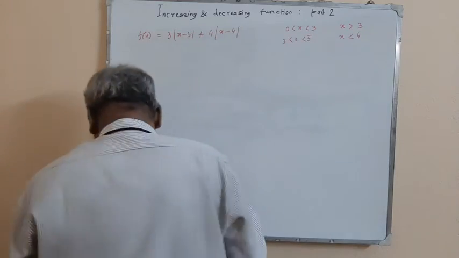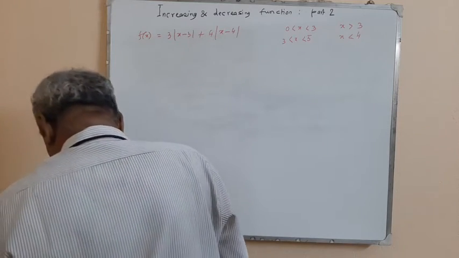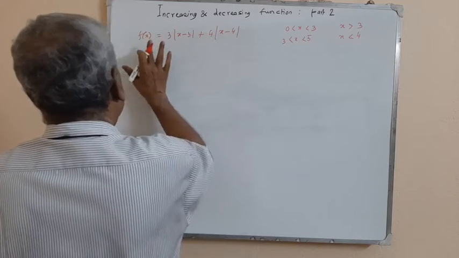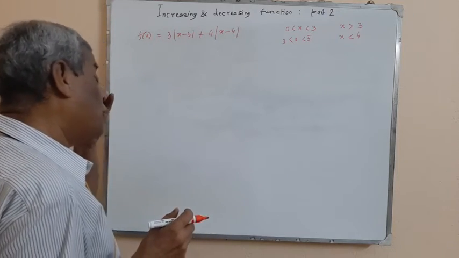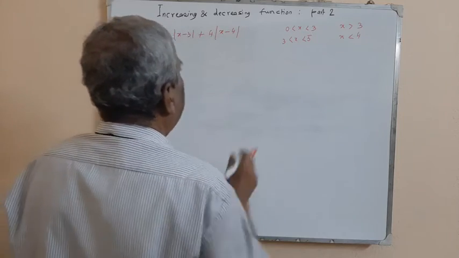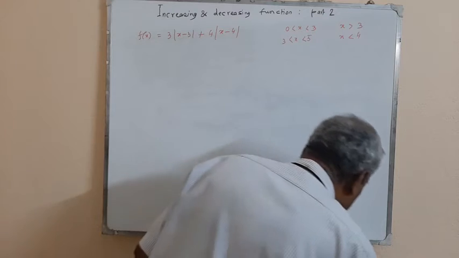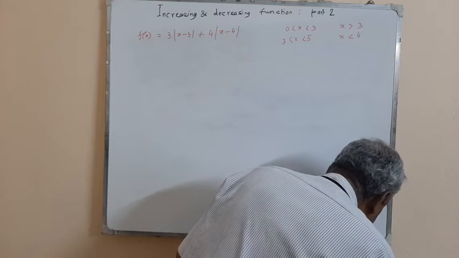Now the problem is, the function is in terms of mod value, and we have to identify in which range the function is decreasing.